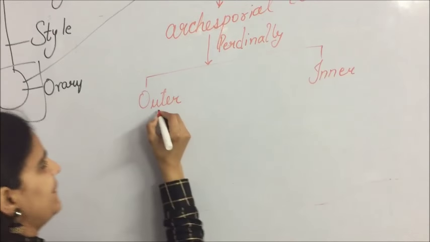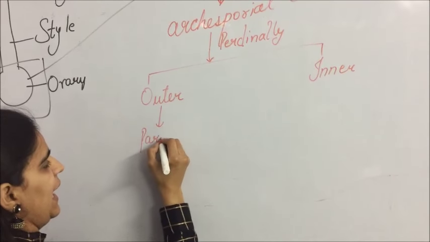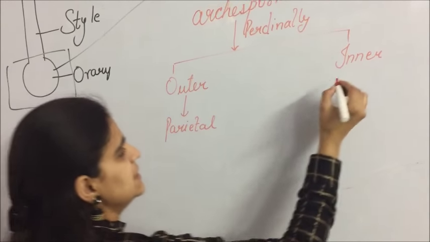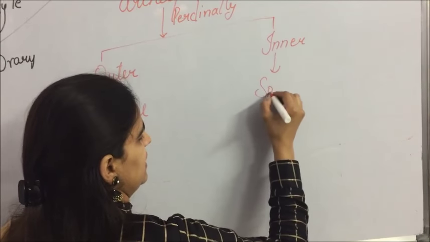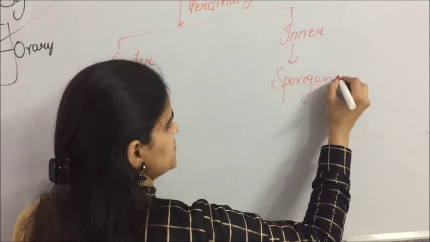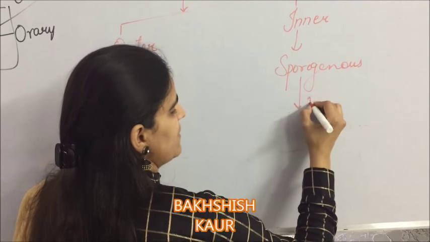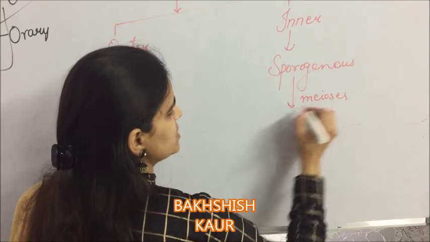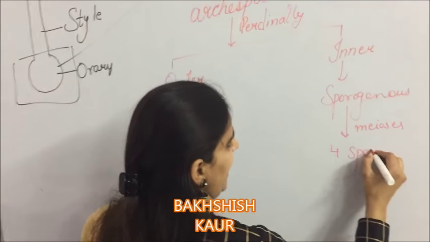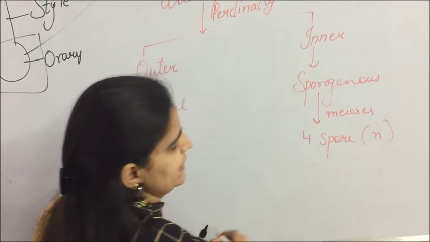The outer one is called parietal cells and the inner one is called sporogenous cell. Again, the sporogenous cell by meiosis forms 4 spores that are N, that is haploid.